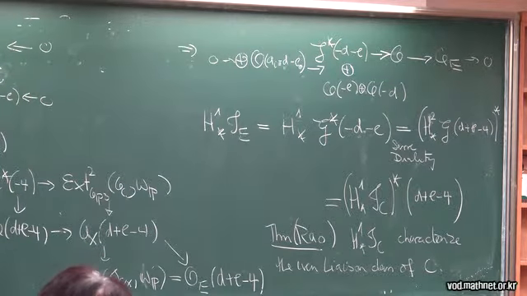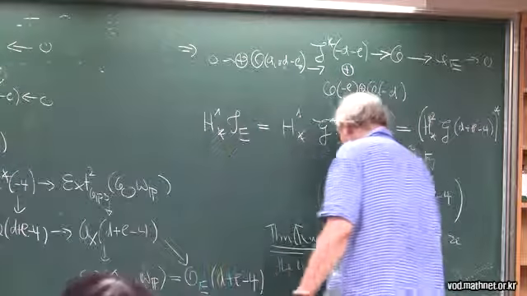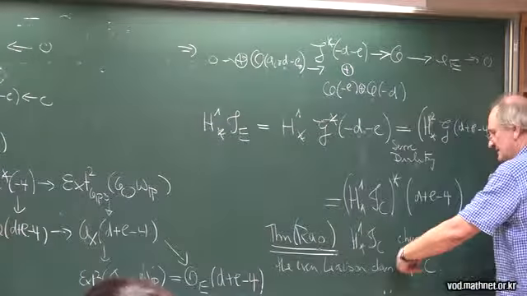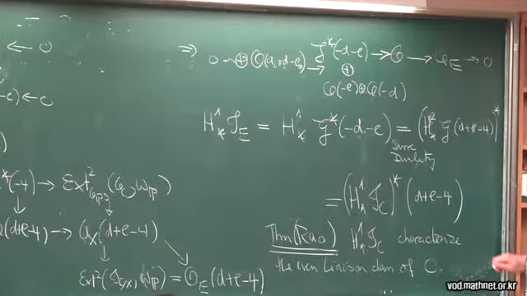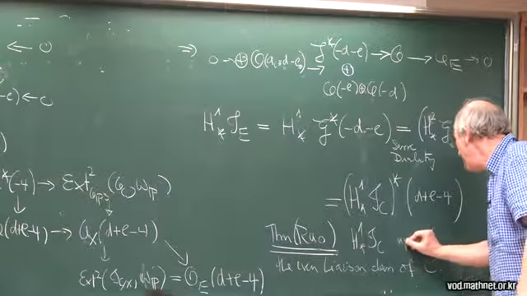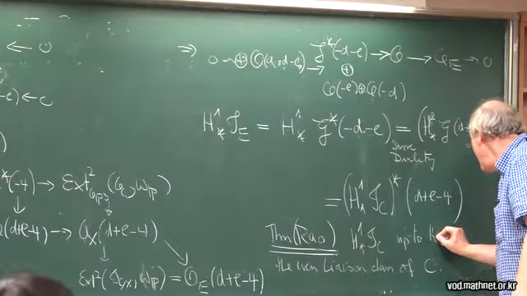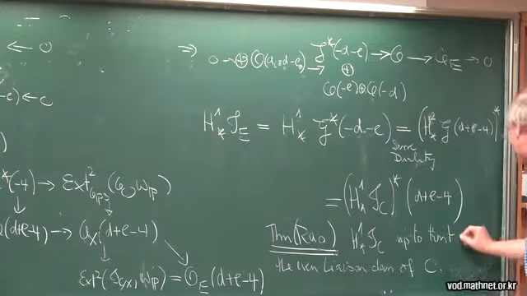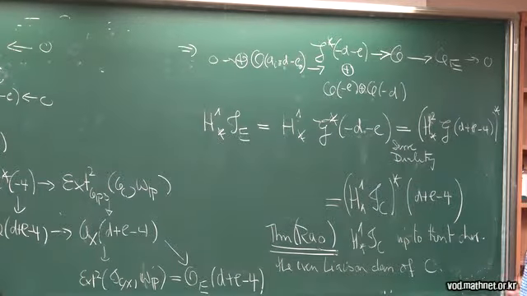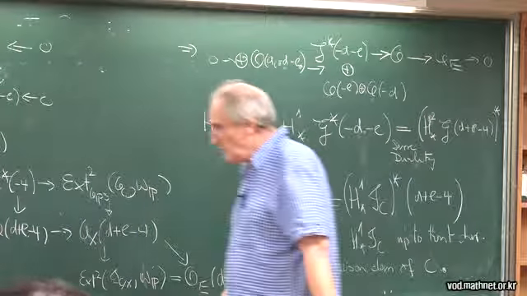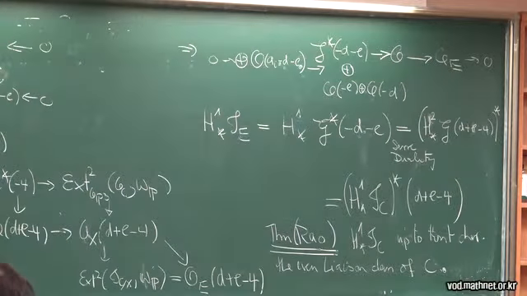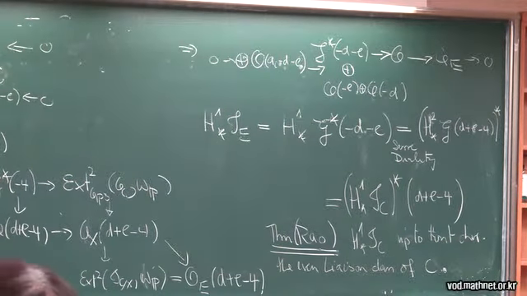And Hartshorne-Rao's important theorem is that this module, this finite length module, up to twist, characterizes the even liaison class of C. So I will tell you what will be next and then stop.